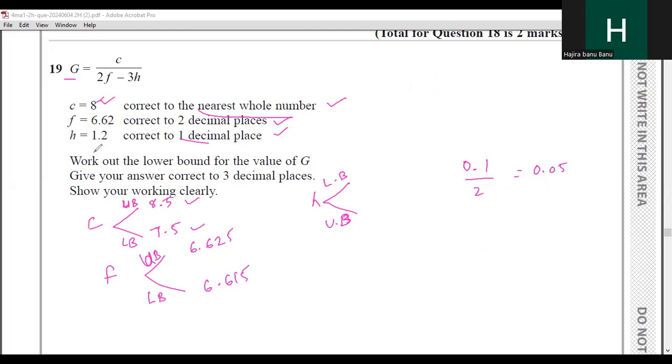So for this value H, you will be adding 1.2 plus 0.05. So it is 1.25. 1.25 is your upper bound. And let's see what the lower bound is: 1.2 minus 0.05. There is 0 here, borrow 1, 10 minus 5 is 5. There is 1, so 1.15.